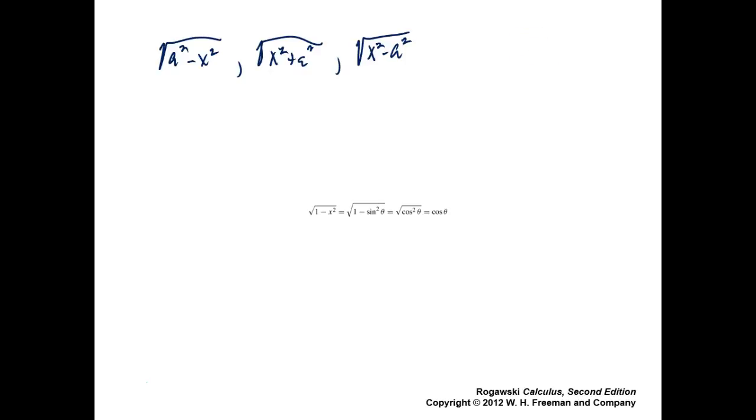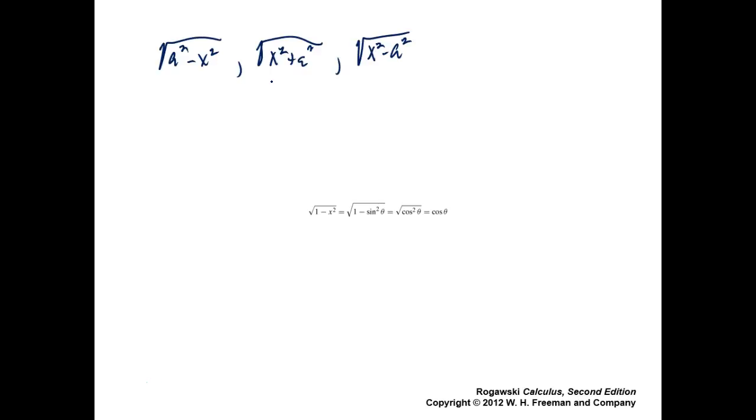If you got squareds in there, think Pythagorean identities of trig functions, right? And since a sine squared is 1 minus cosine squared, or a cosine squared is 1 minus sine squared, that looks a lot like this to me, right? Now, tangent squared plus 1 is a secant squared, so this looks like tangent substitution would be good.